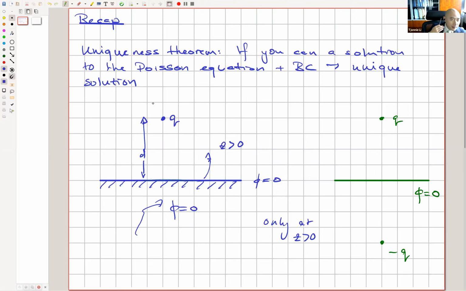Now, today we're going to release the next problem set, and it's simply 2 exercises where you're going to learn to look for solutions using this method of images. So that's just something to keep in mind when you do so. Okay, so that's the recap from last week.